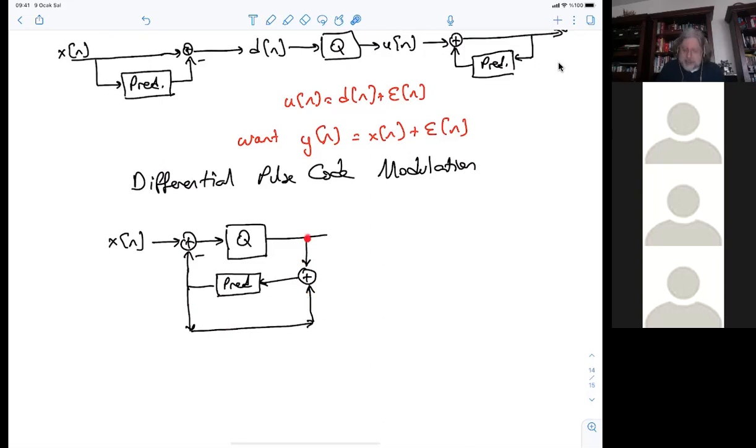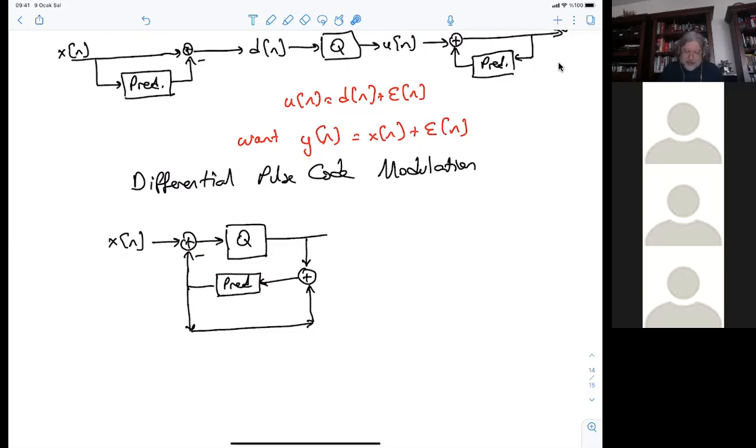The quantized prediction error and the prediction are added, which gives me the quantized version of x of n. Okay, and I'm using that one for prediction and subtracting again.